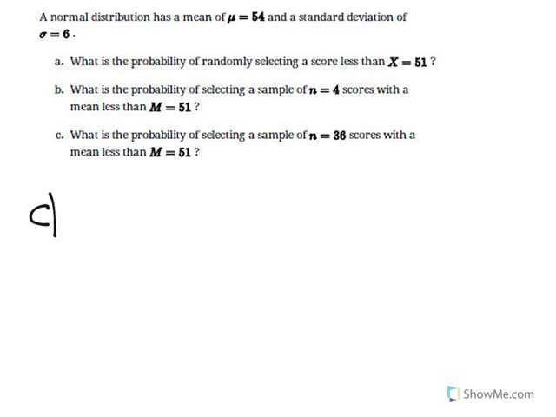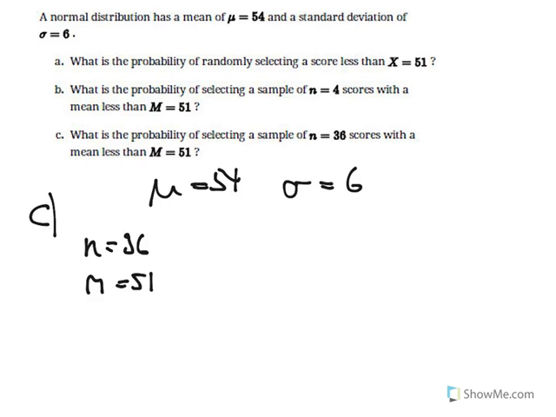So for C, first of all, we again know that the mean was 54, the standard deviation was 6. For C now we have n equals 36, and M is 51. We're looking for the probability of people who have a mean less than 51, instead of x.